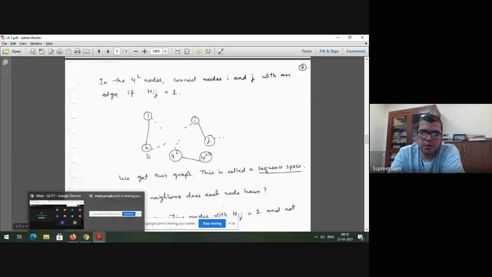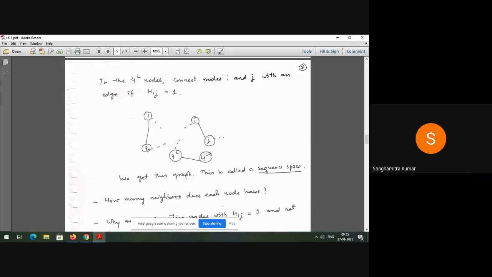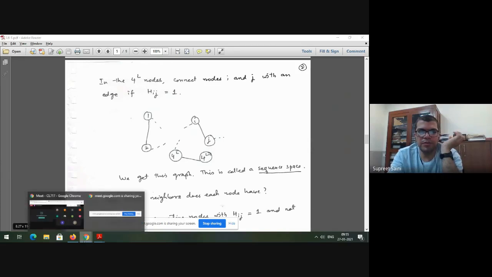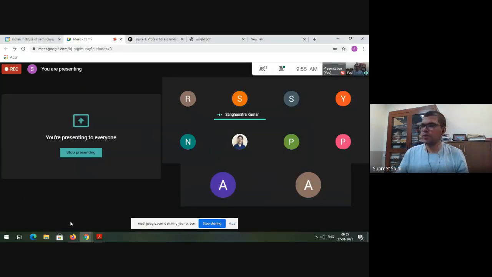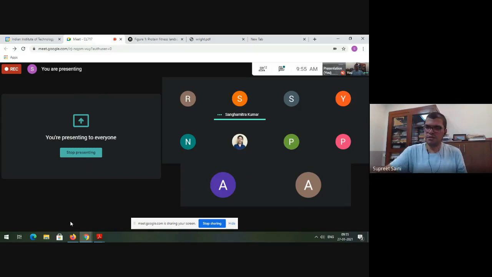So we have these nodes and edges, and we are connecting two nodes if the Hamming distance between them is equal to 1. So now what we have to imagine is the following: imagine that this is a two-dimensional surface, and there are nodes and edges on this.